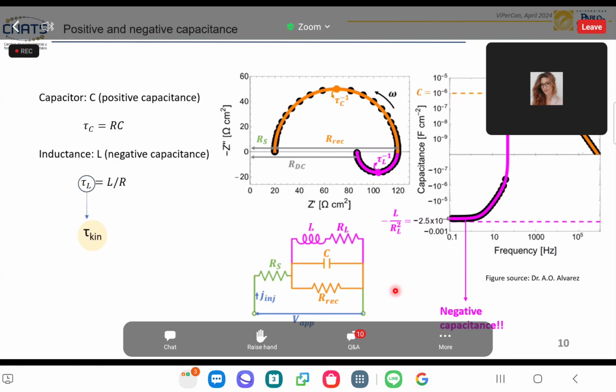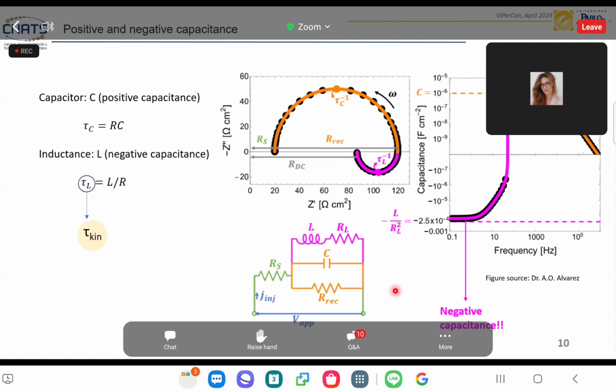You can fit every spectrum with the funniest equivalent circuit that you can imagine. But if it is not giving us the physical meaning of the perovskite or the device operation, then it has no sense.